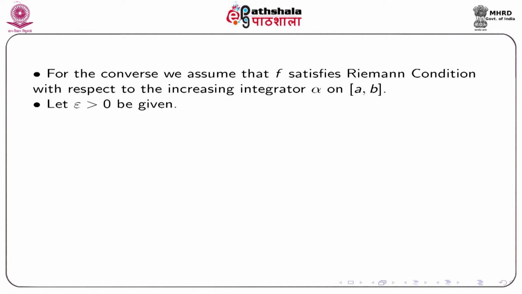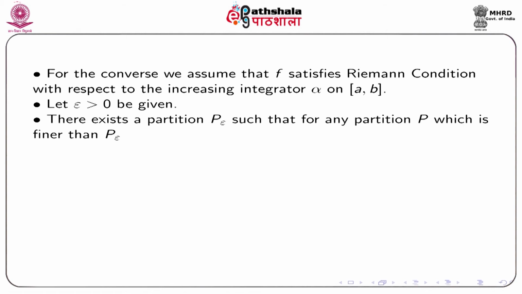Let epsilon greater than 0 be given, then from the definition of Riemann condition, there exists a partition P epsilon such that for any partition P which is finer than P epsilon, we have 0 less or equal to U p f alpha minus L p f alpha, this is less than epsilon.